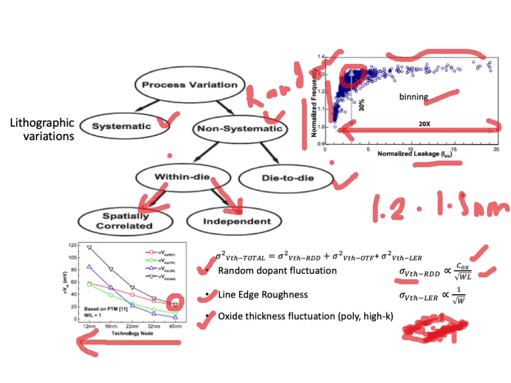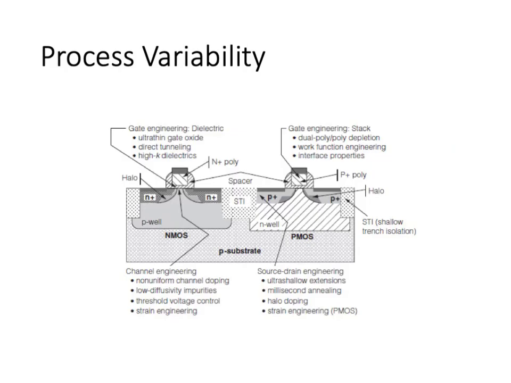But nowadays, with 12 nanometer technologies and beyond, the line edge roughness, this blue one, is the dominant source of threshold voltage variability.